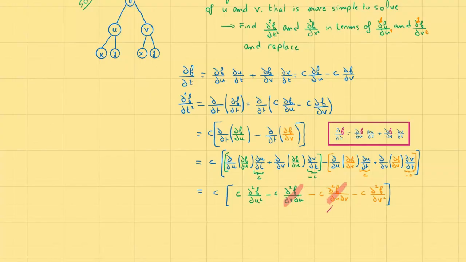Why? Because these two second derivatives are equal thanks to the Schwarz theorem, because f is a C2 function. So that's why we obtain at the end that d2f over dt squared is equal to c2 d2f over du2 minus c2 d2f over dv squared.